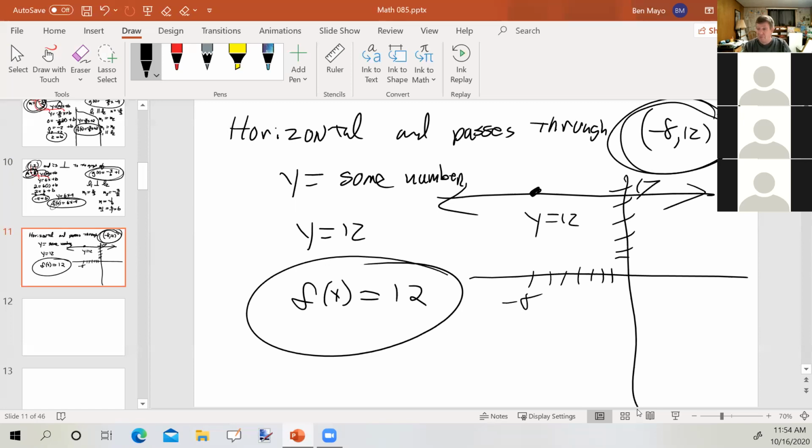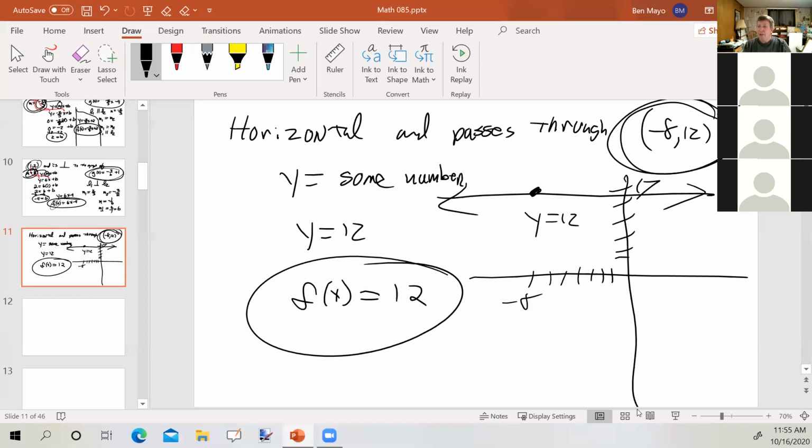Parallel lines have the same slope. Two lines with the same slope are parallel. Perpendicular lines have slopes that are negative reciprocals. If two lines have slopes that are negative reciprocals, the lines are perpendicular. Y equals mx plus b. In that form, m is the slope and b is the y-intercept.